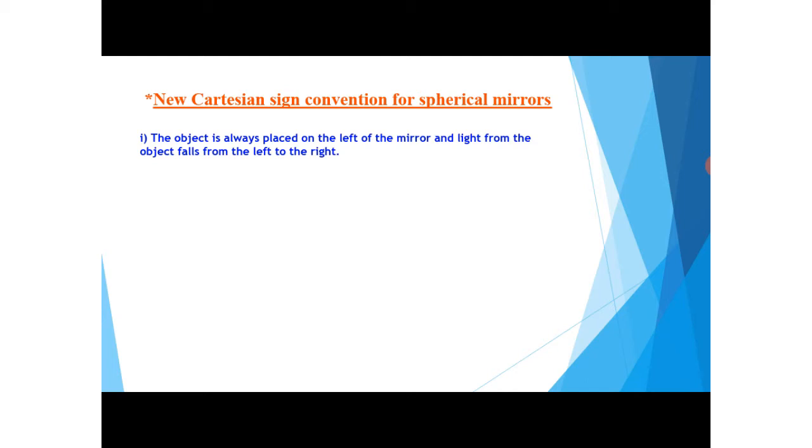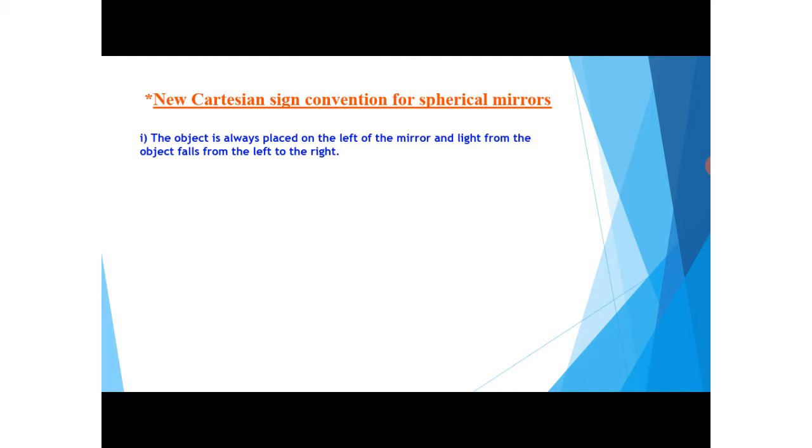Similarly, the Cartesian sign convention is also followed by the images formed by spherical mirrors. The first Cartesian sign convention is an assumption: the object is always placed on the left side of the mirror.